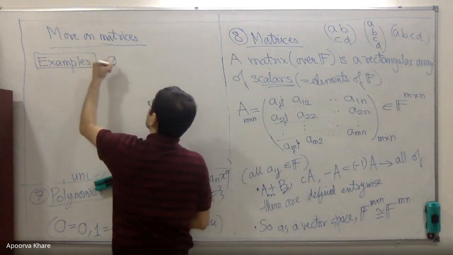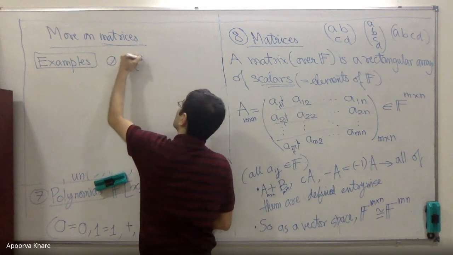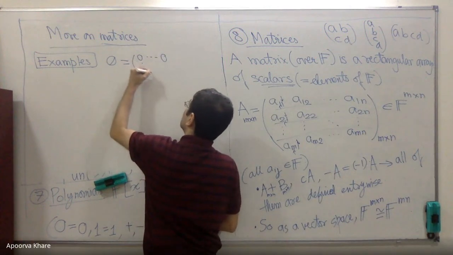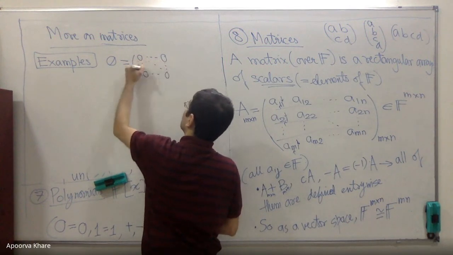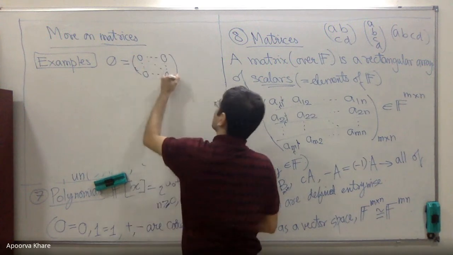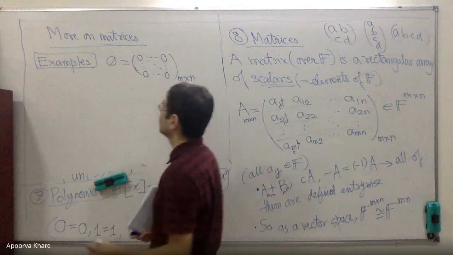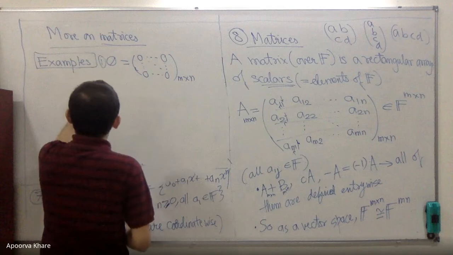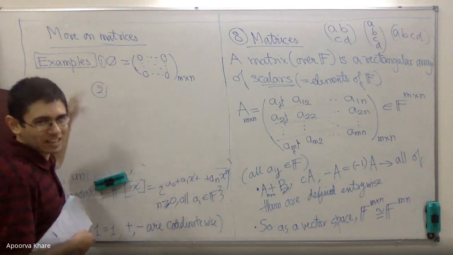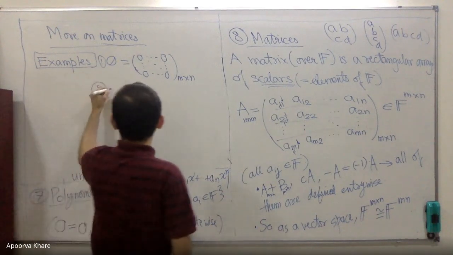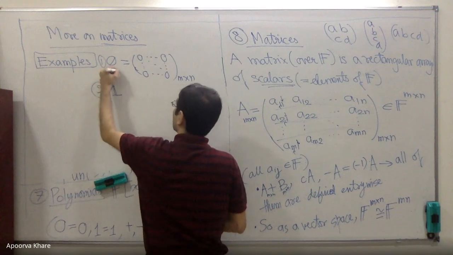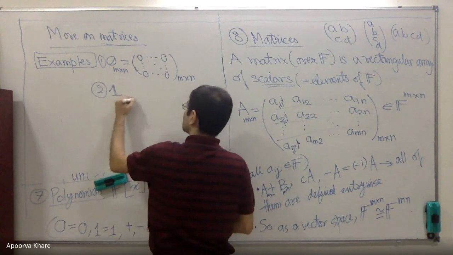So for every size m by n, you have a zero matrix. Similarly, maybe I should call this example 0, and this example 1, the all ones matrix.